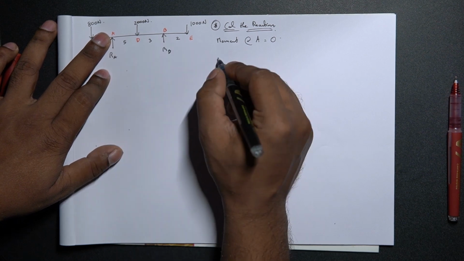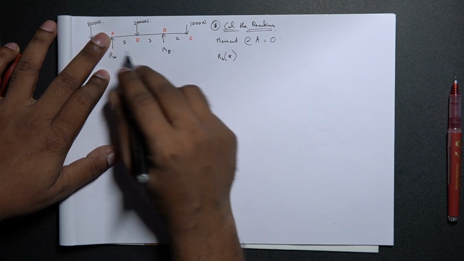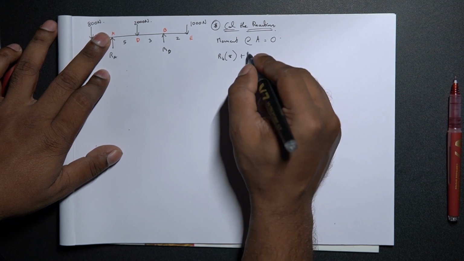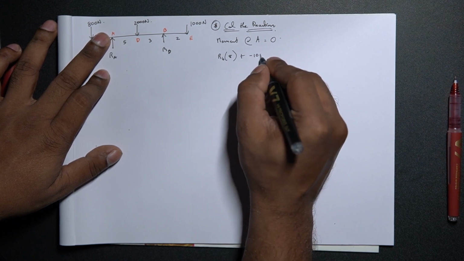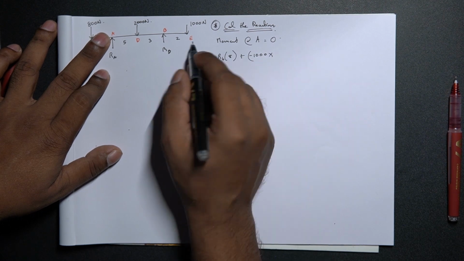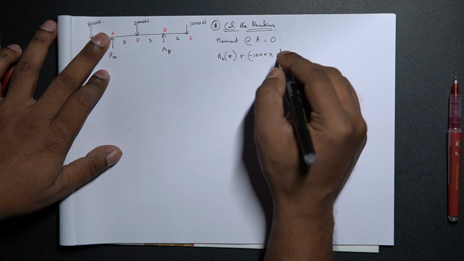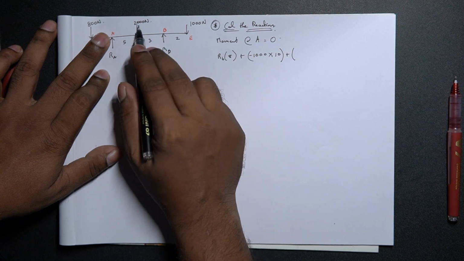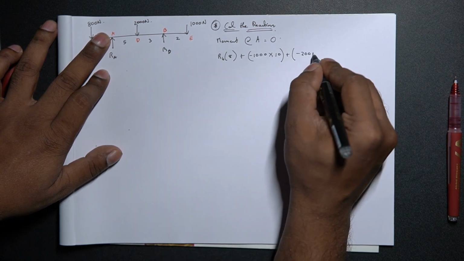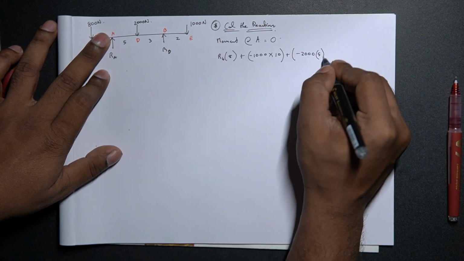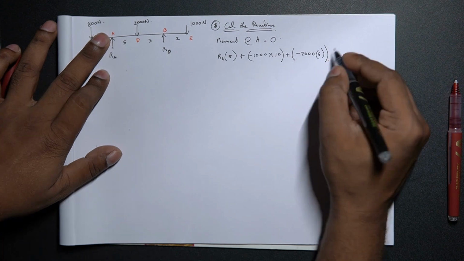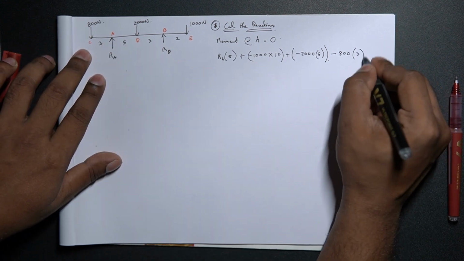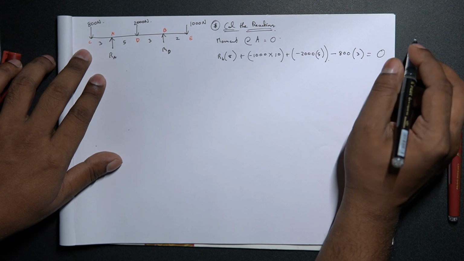So RB into total length, RB into 8, 3 plus 5, plus we have 1000 newtons acting downward, so that would be minus 1000 times the total length, 3 plus 5 plus 2, that is 10, plus we have 2000 acting downward, so that is minus 2000 times 5, and then we have 800 times the distance 3, and everything together should be equal to 0.